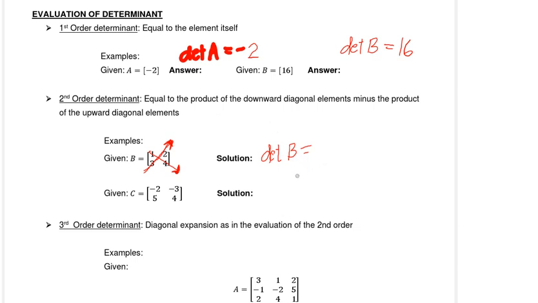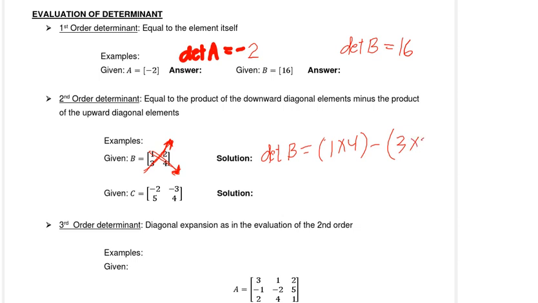So, yung determinant nung B natin is equal to 1 times 4. Yan yung magiging downward diagonal natin. So, 1 times 4 minus the product of our upward diagonal, which is 3 times 2.